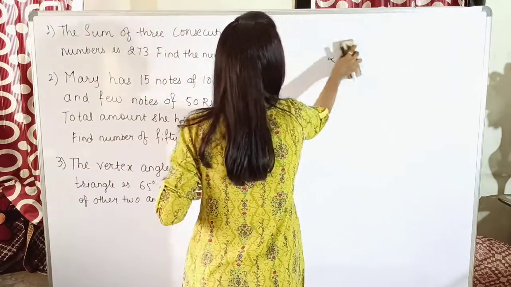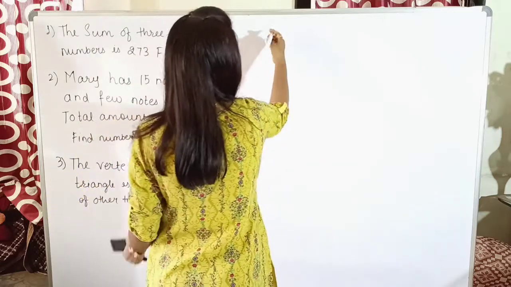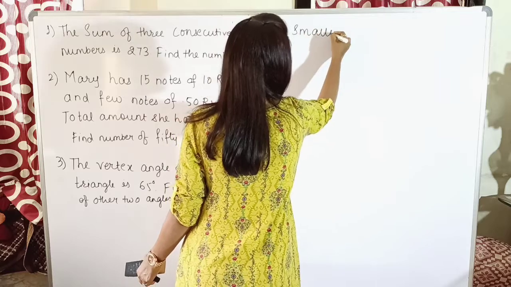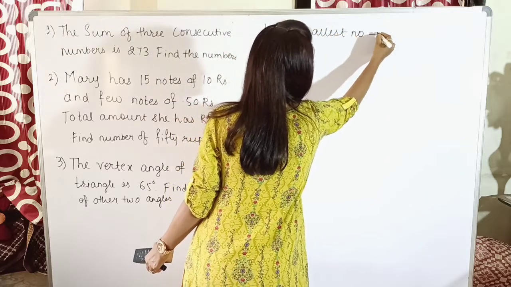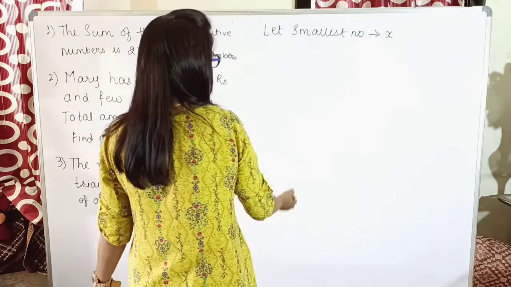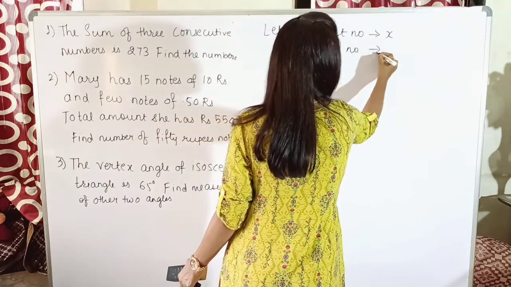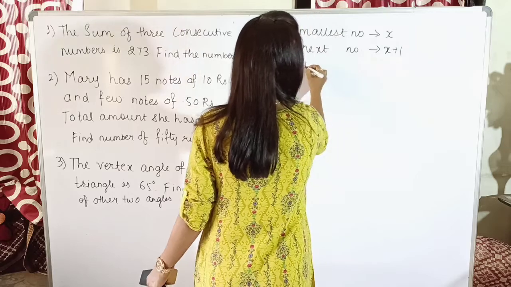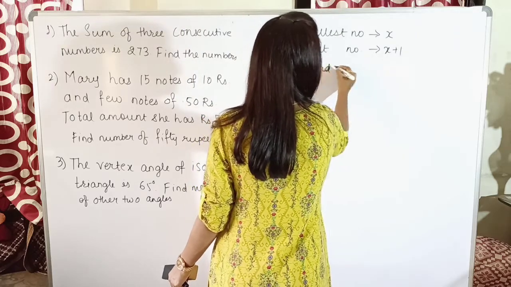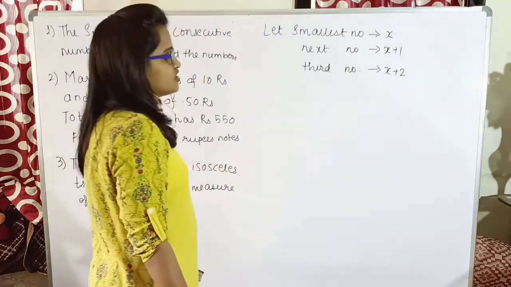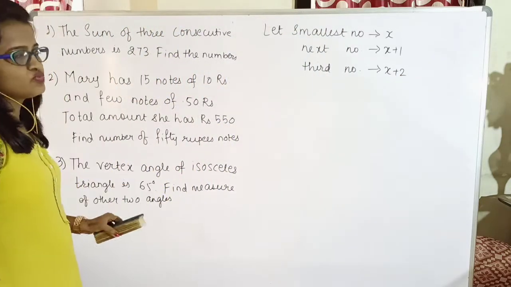Let us assume that the smallest number be x. The next number will be x plus 1, whereas the third number or the greatest number would be x plus 2. So the three consecutive numbers are x, x plus 1 and x plus 2.